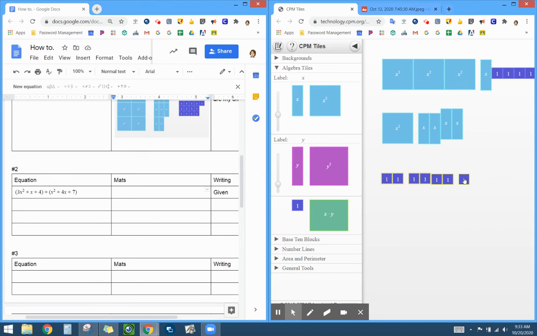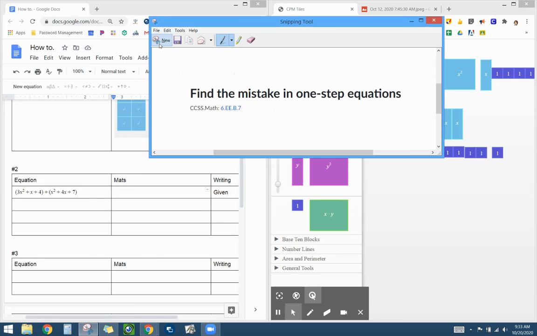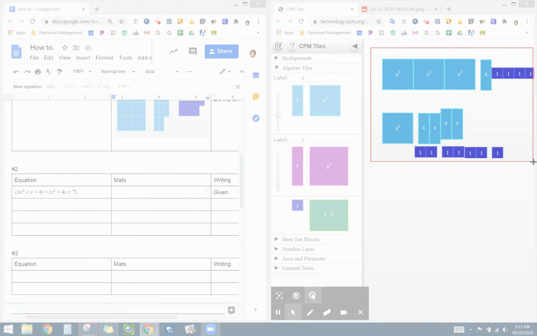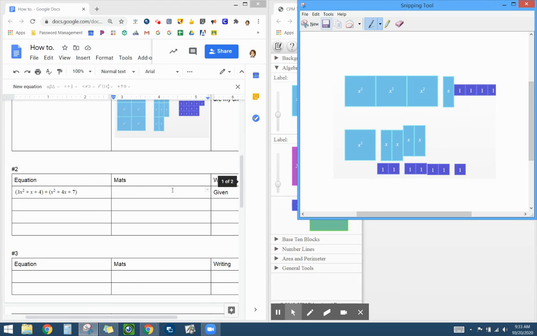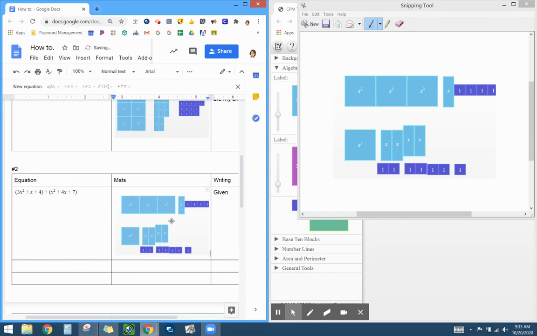There we go. So here we will take a screenshot, copy it, place it into our tab or our document. So this is what we were given. We were given 3x squared plus x plus 4 and 1x squared plus 4x plus 7.